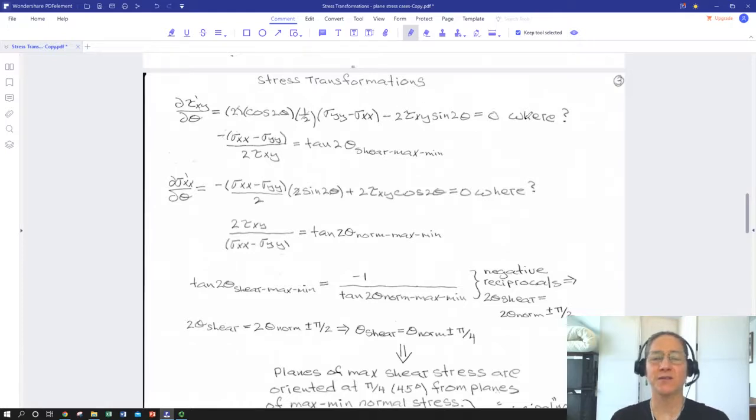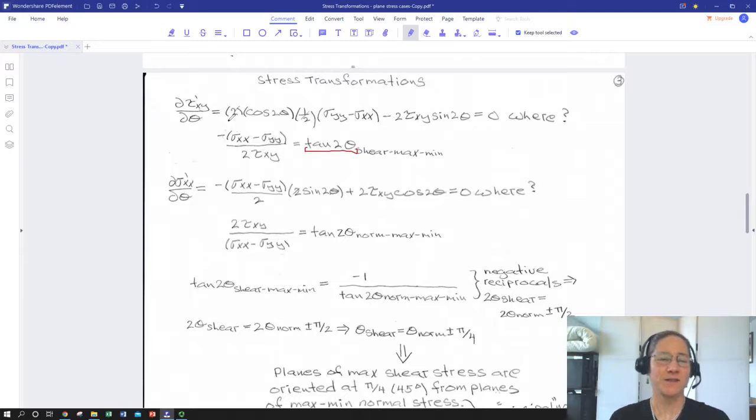We're going to set it equal to 0, figure out where it is 0, do a little bit of algebraic wrangling, and we can express a tangent of 2 theta as equaling negative sigma xx minus sigma yy, or we could have said positive sigma yy minus sigma xx divided by twice the applied shear stress.